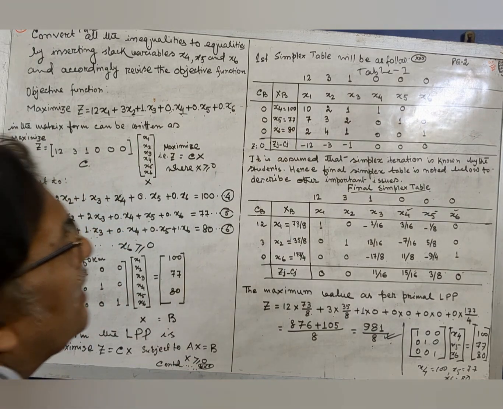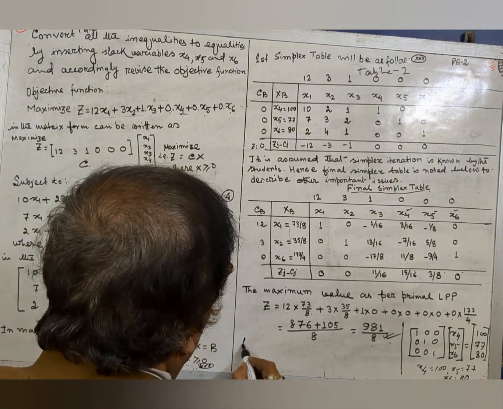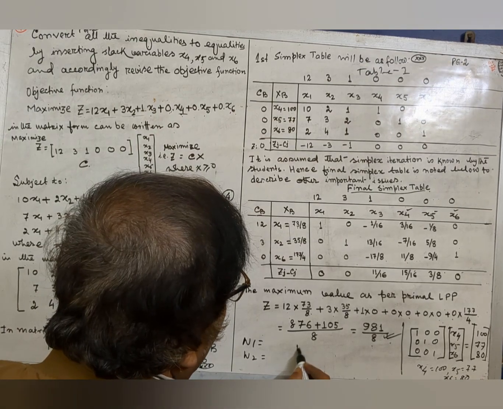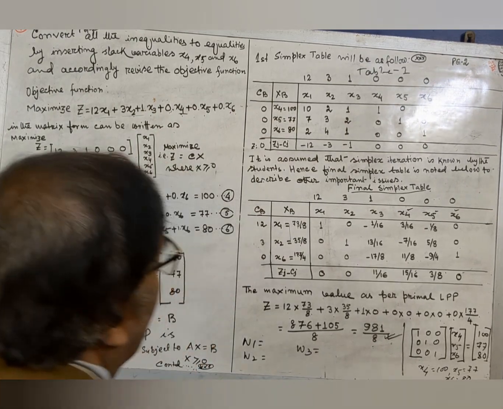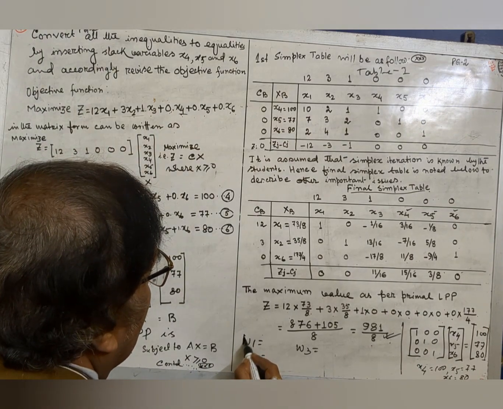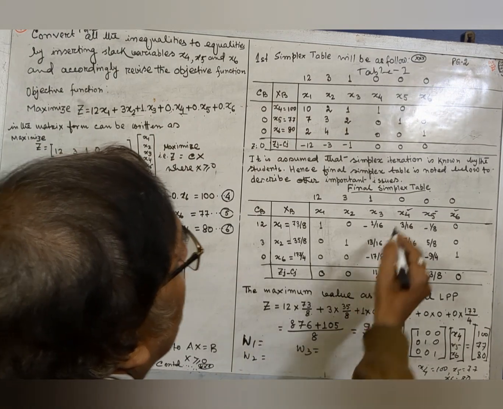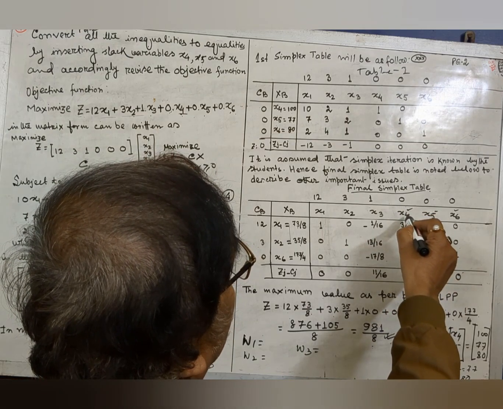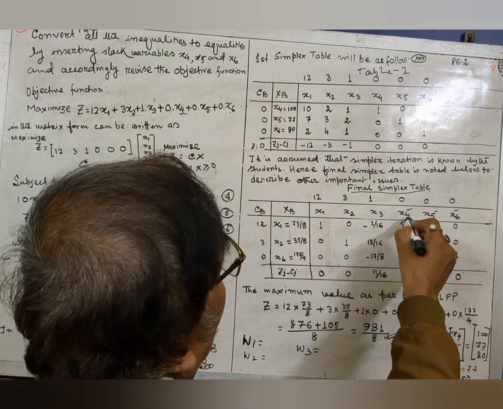And the dual variables we have discussed in that problem were W1, W2 and W3. Then what will be the value of the W1 variable? It will correspond to the index row value of the slack variable x4.